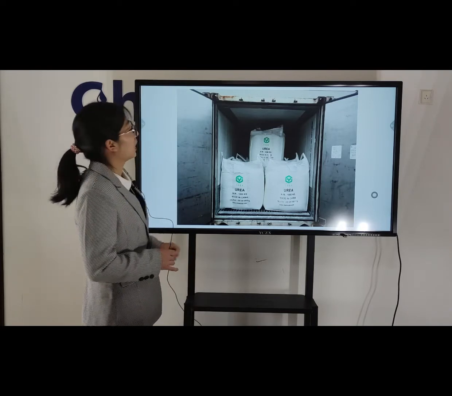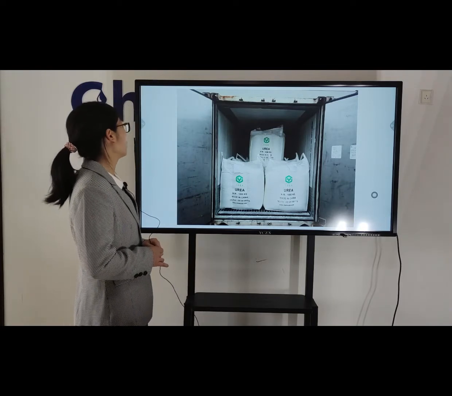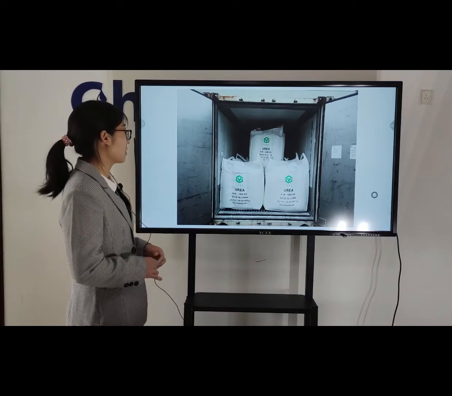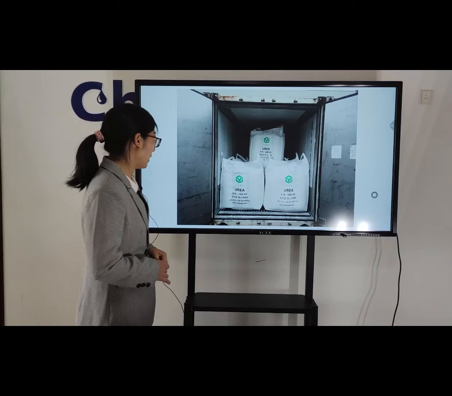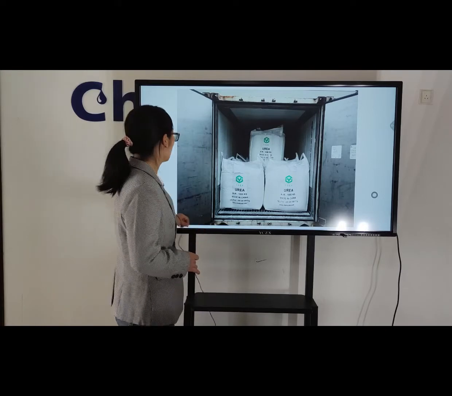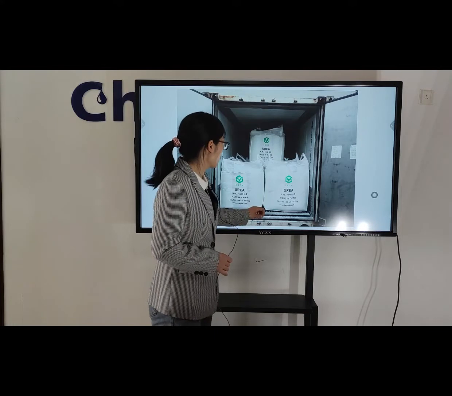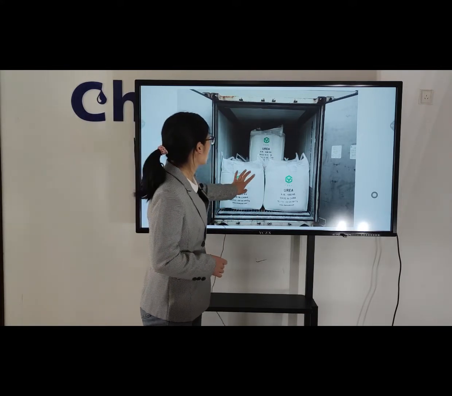And our automotive urea is usually packed in 1 ton bags like this in containers. Some clients might use pallets. And here's a video of the loading side. I will show you.